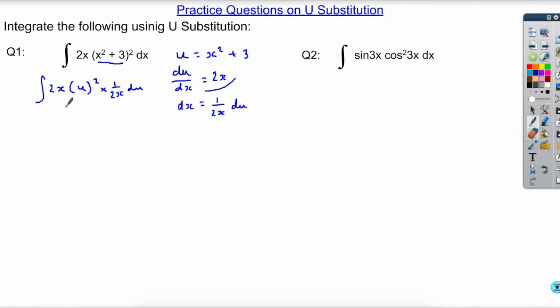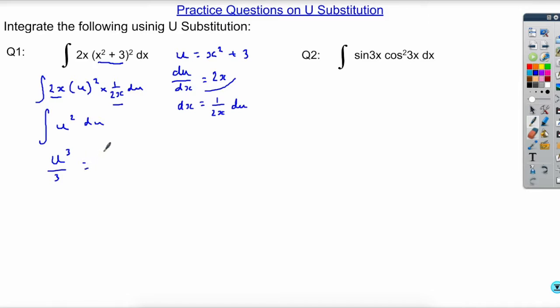Let's see if we can simplify anything. We can, because the 2x multiplied by the 1 over 2x is going to cancel out. So I end up just integrating u squared du. If I integrate this function, I raise the power by 1 and divide by that power, so I get u to the 3 over 3.